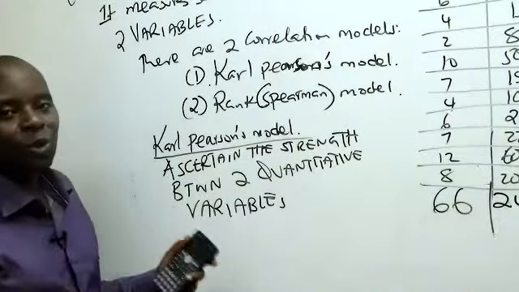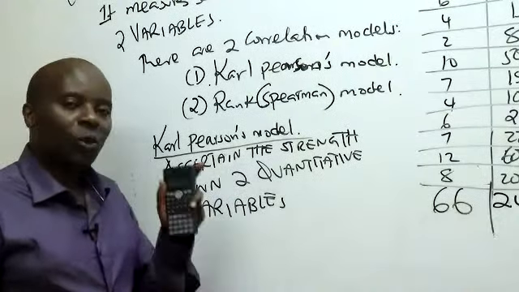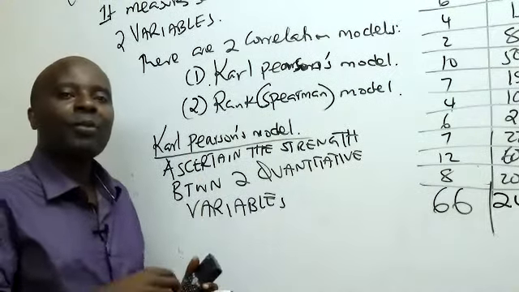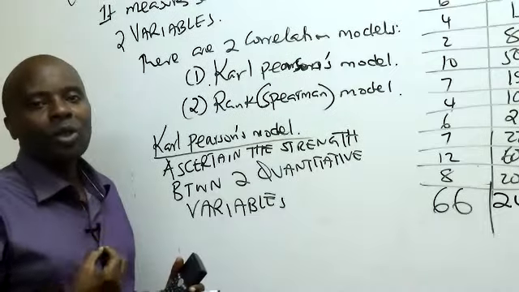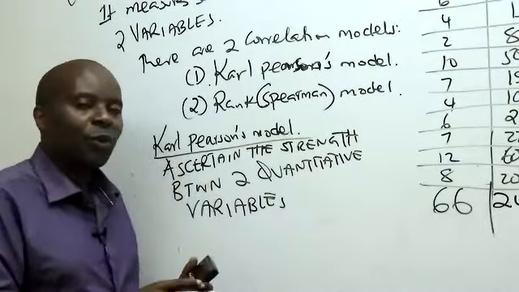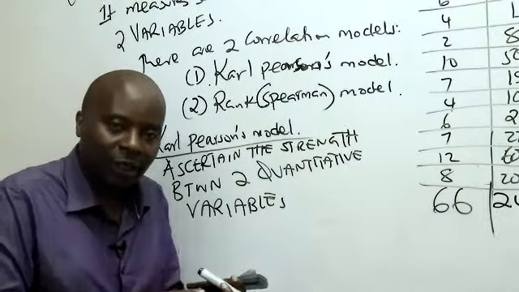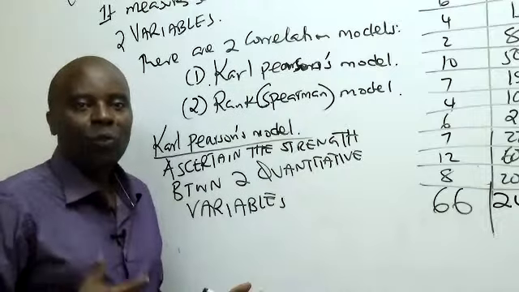Remember when you introduced this subject called quantitative analysis, you said that quantitative variables are those variables that can take up a numerical value. Those variables for which, to ascertain their value, you could either count. Like if you want to know the number of students we have, we'll count.